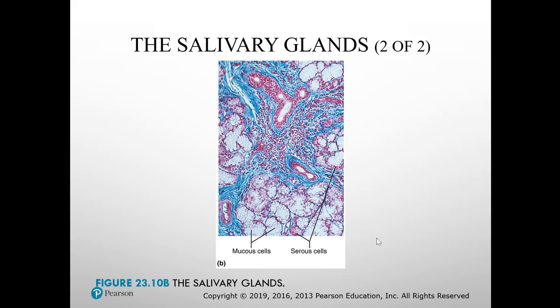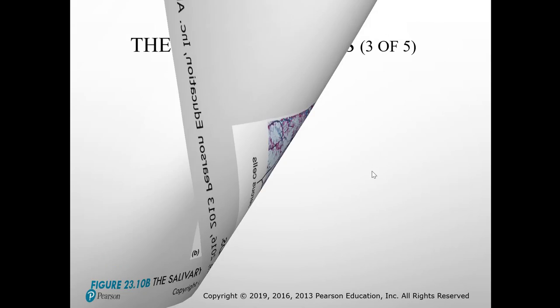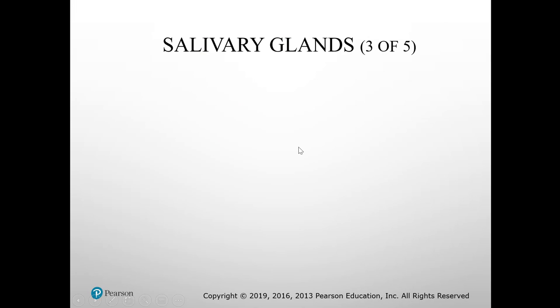The submandibular gland would have a 50-50 mixture of mucus acini and serous acini. Your other glands, though, would have a different histology.